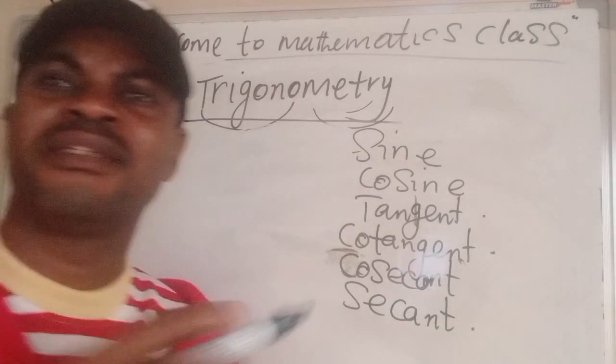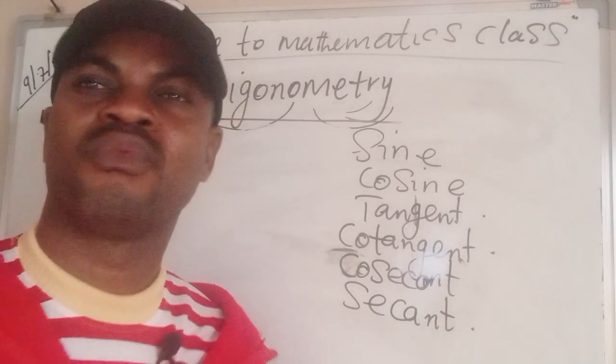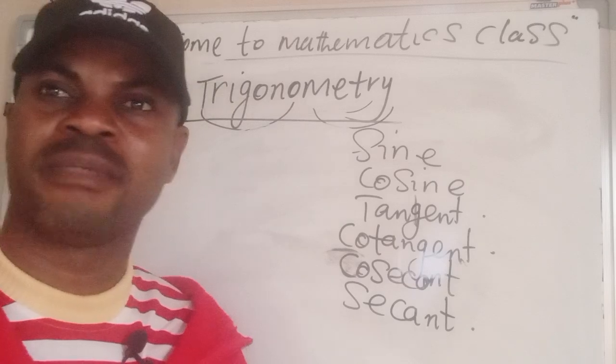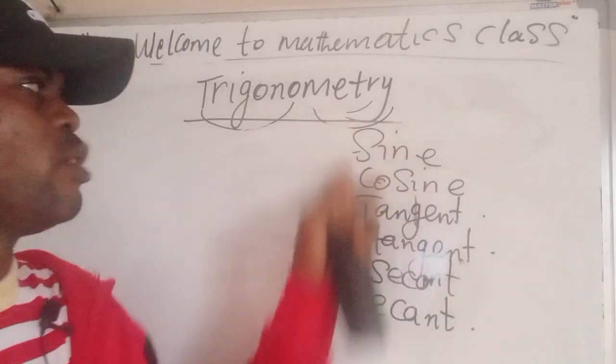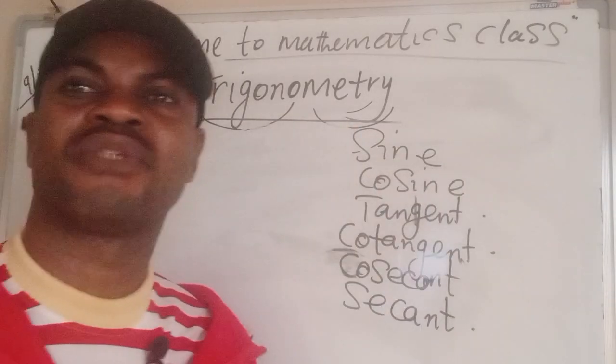So these are the six basic trigonometrical functions which trigonometry also studies, using them to show the relationship between the various sides of a triangle.